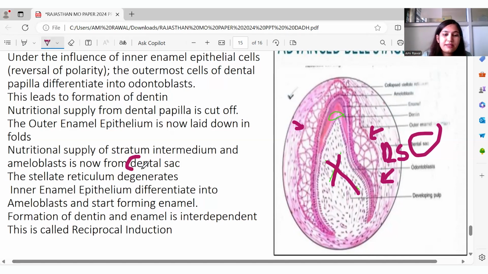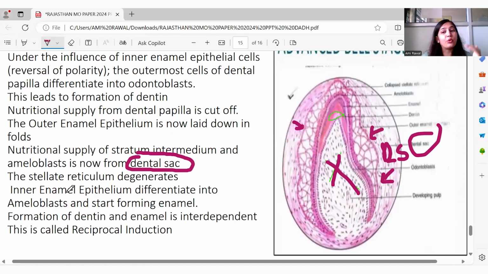So basically, from dental sac, and then inner enamel epithelium. First, dentin is formed. After that, enamel is laid down. Without inner enamel epithelial cells, signals won't be sent to dental papilla and it will not differentiate into dentin. Once dentin is formed, it will send signals to inner enamel epithelium cells and they will form enamel.